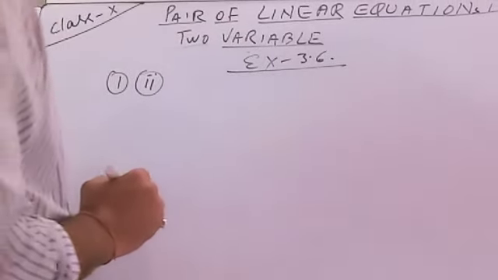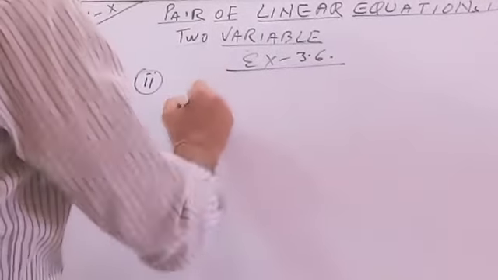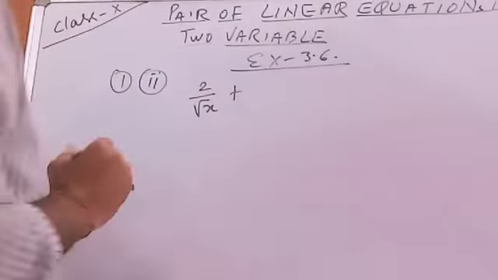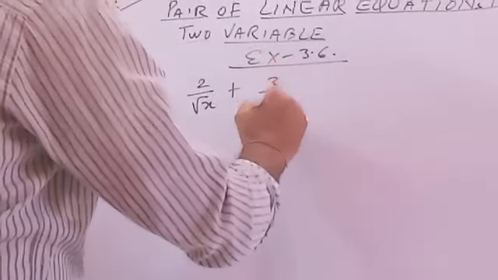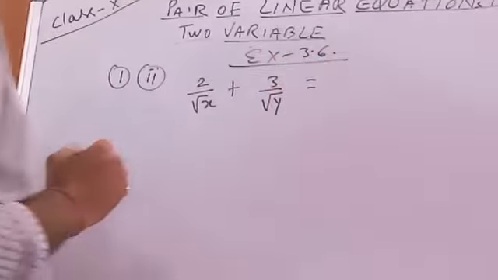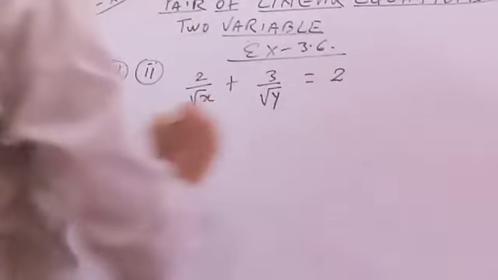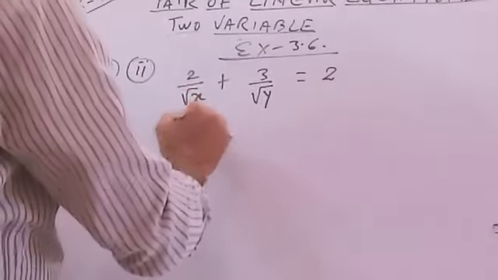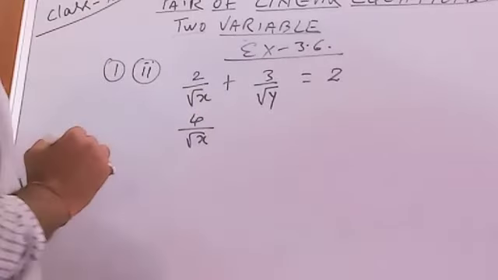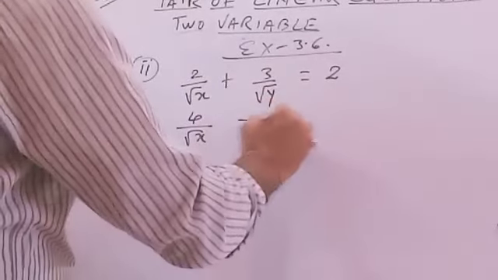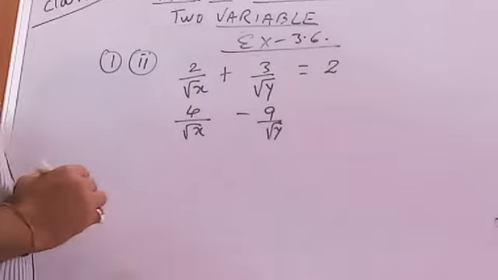The question is 2 upon root x plus 3 upon root y is equal to 2, and 4 upon root x minus 9 upon root y is equal to minus 1.